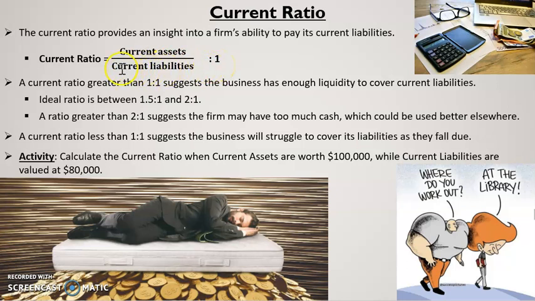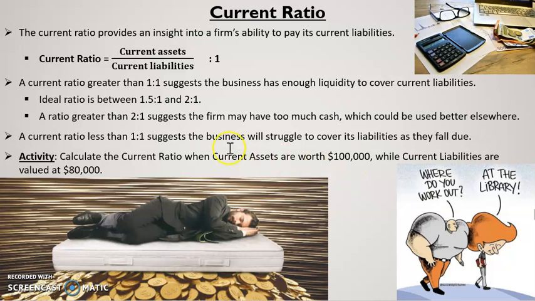So 1.25 is worked out by dividing $100,000 by $80,000. As that value is greater than 1 to 1, we would say that the business has sufficient liquidity to meet its current liabilities as they fall due.